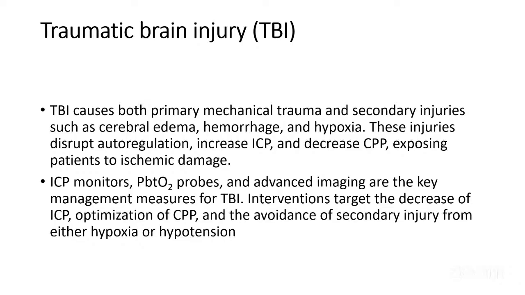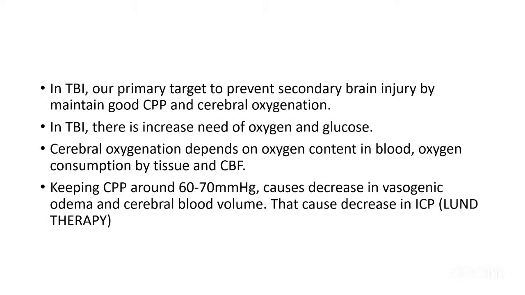Interventions target decreasing ICP, optimization of cerebral perfusion pressure, and avoidance of secondary injury from hypoxia or hypotension. So cerebral oxygenation and maintaining good cerebral perfusion pressure is the main key to treat any patient of traumatic brain injury.